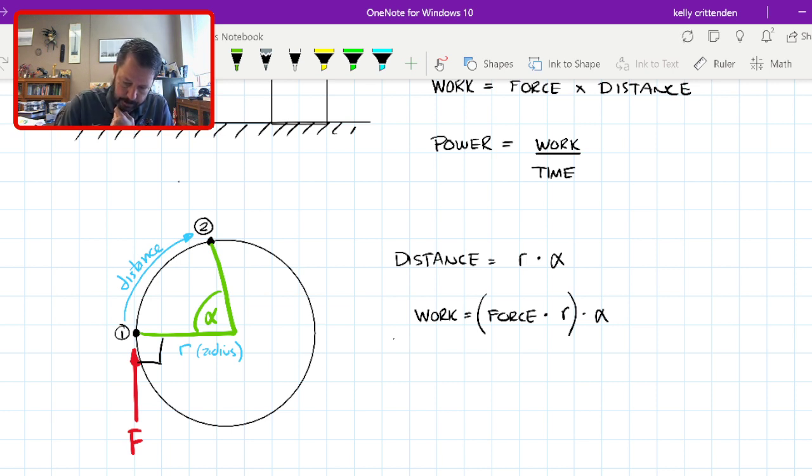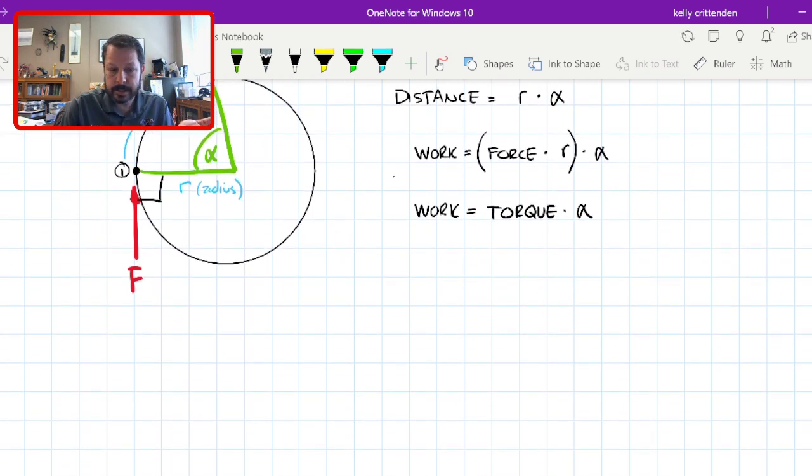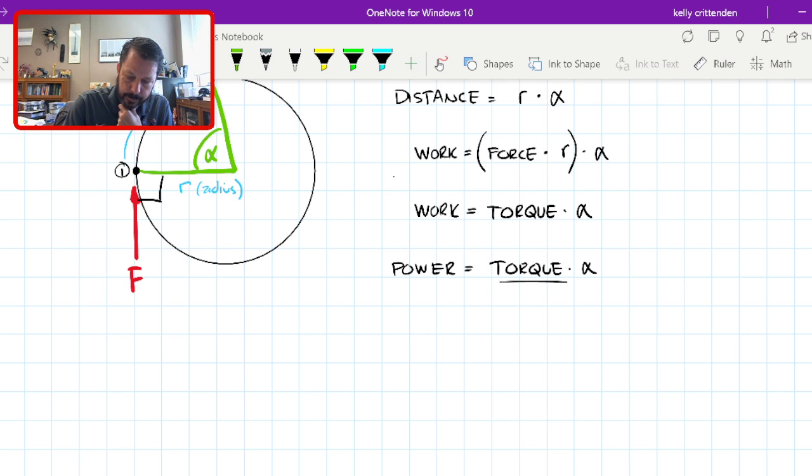So if I collect those together, I can write it again as work equals torque times alpha. And then I'm really interested in power. Power is work divided by time. So power equals torque times alpha over time, some number of seconds maybe.